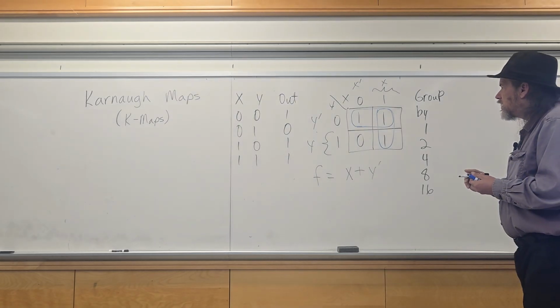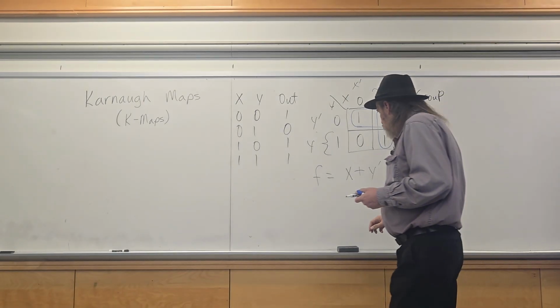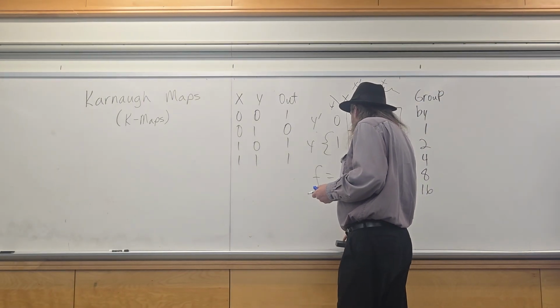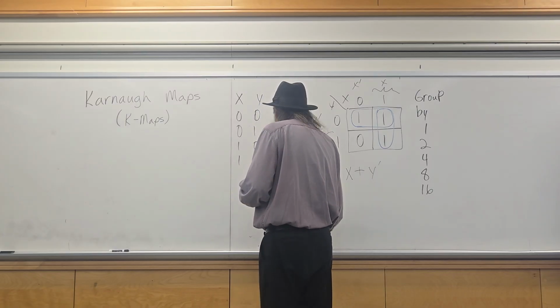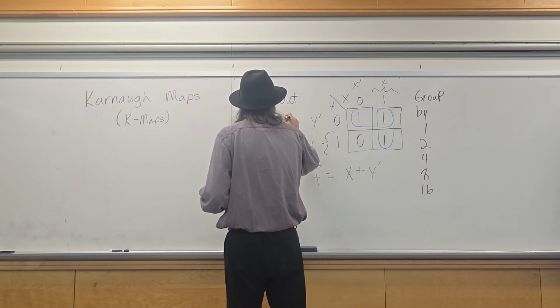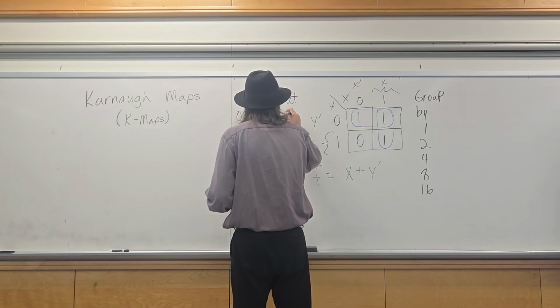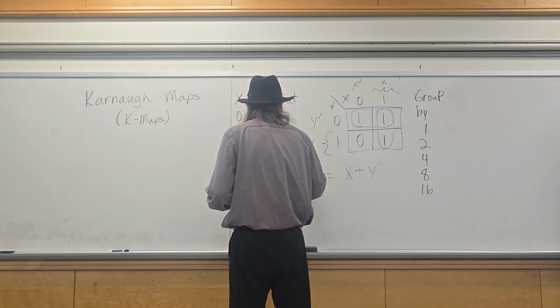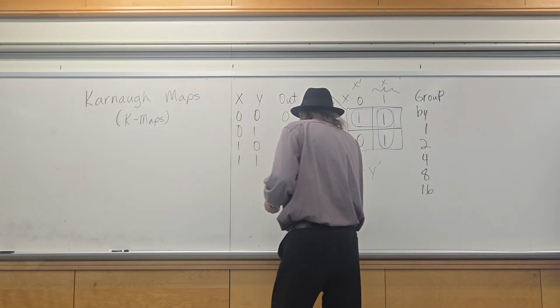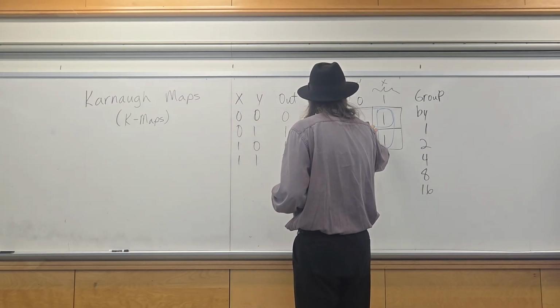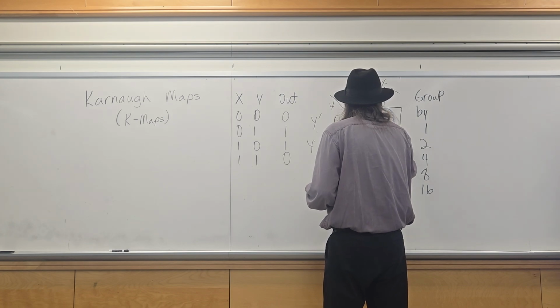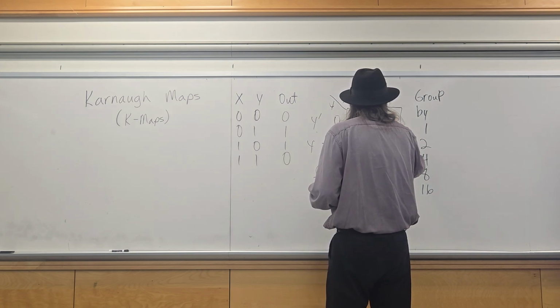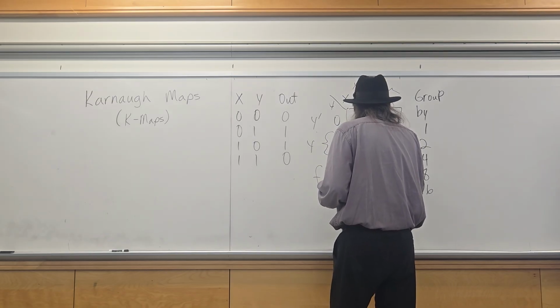Now, if you change your output to, say, 0, 1, 1, 0, you'll recognize that as an XOR gate right off, I'm sure.